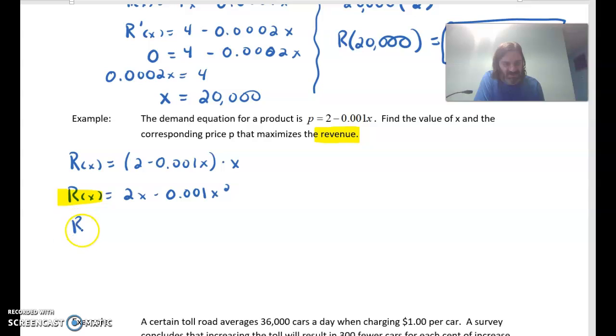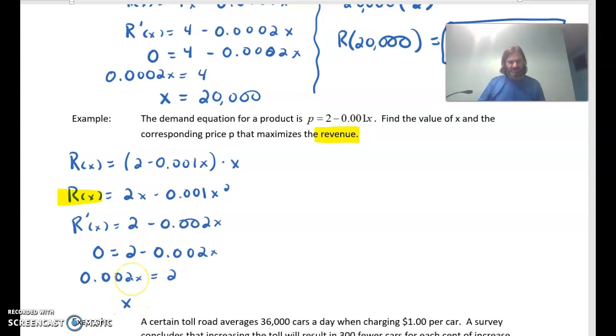So I need a derivative because that's going to allow me to figure out when it reaches a high point and turns. So the derivative will be 2 minus 0.002x. Set that equal to 0 and solve it.